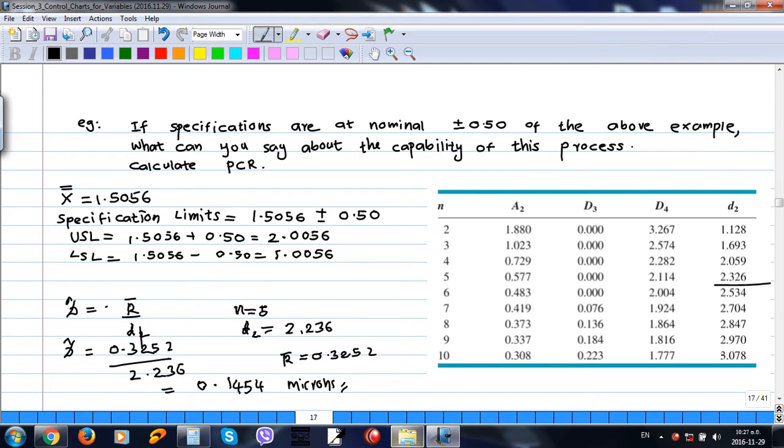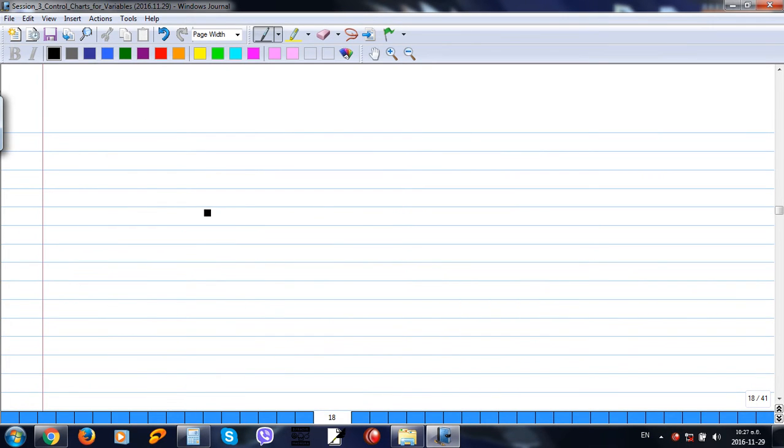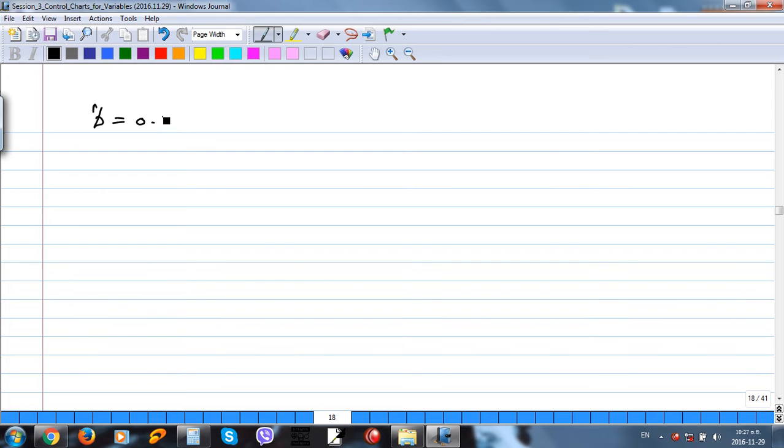This is the sigma hat. Sigma hat equals 0.1454.